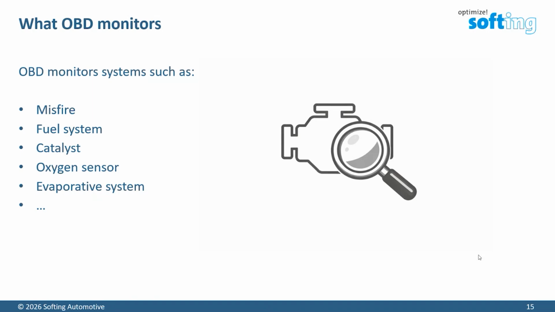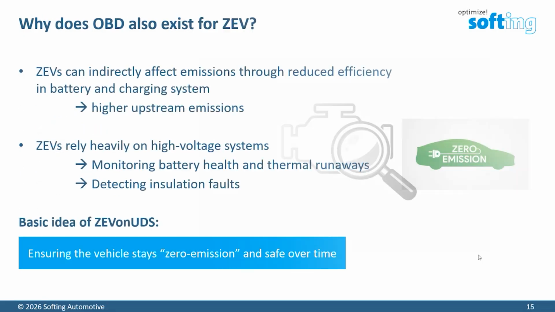However, this raises a very interesting question. Why does OBD also exist for CEV, for zero emission vehicles? Why is a system like OBD now being extended to electric powertrains? No internal combustion engine, no exhaust gases. That doesn't make any sense, or does it? Well, if the battery's capacity declines or the charging system isn't working properly, then the efficiency goes down.